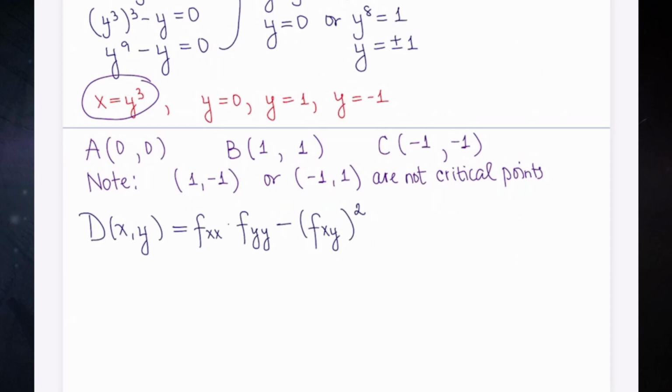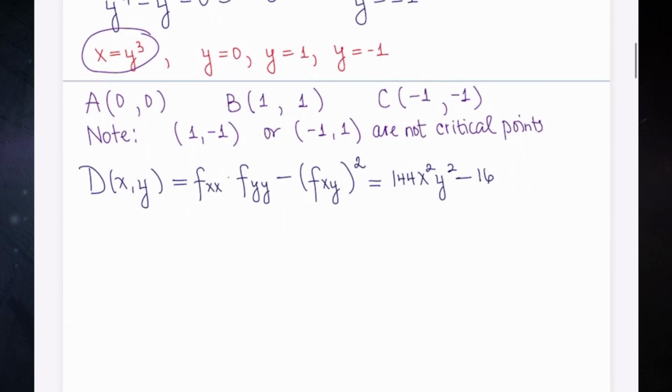Okay, once you follow through all the steps, we're going to get 144 x squared, y squared, minus 16. Okay, it is a function of x and y, and it will tell us something about these critical points.